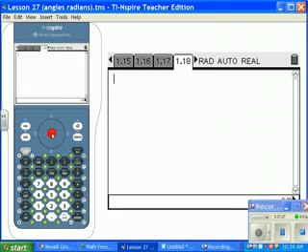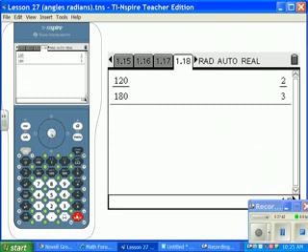I want to reduce 120 over 180. Please put in the fraction 120 over 180. To get it in simplest form, hit enter. It will reduce it for you.